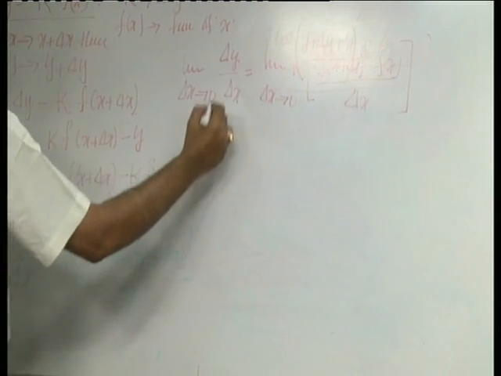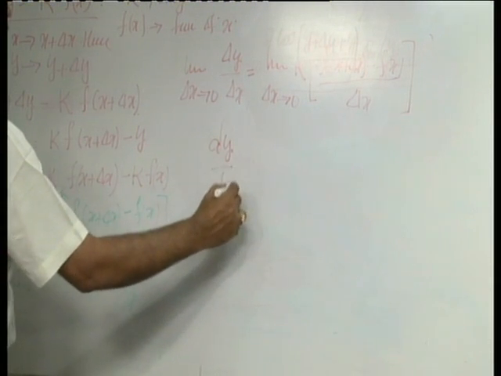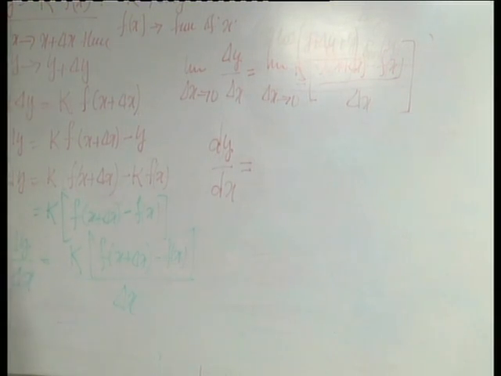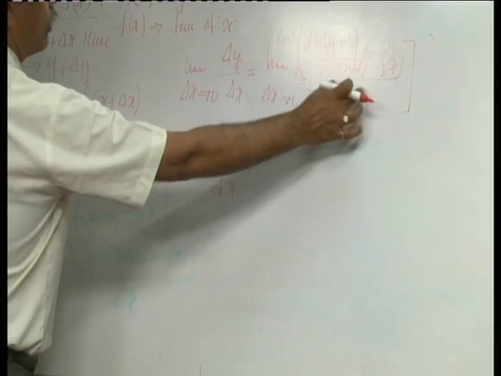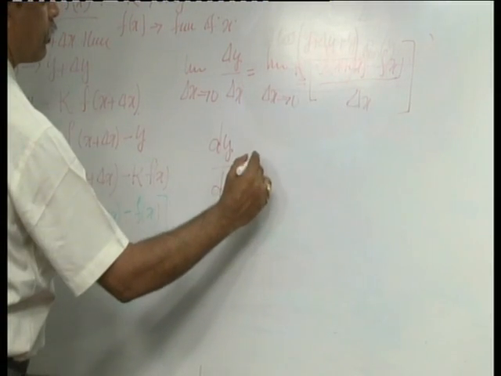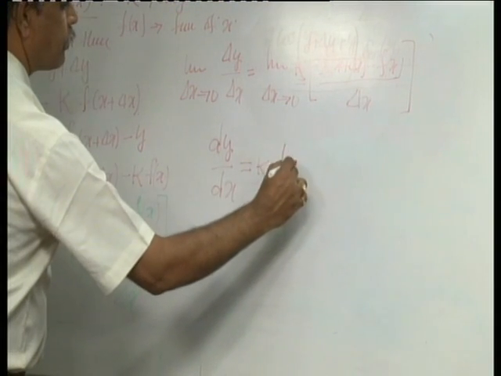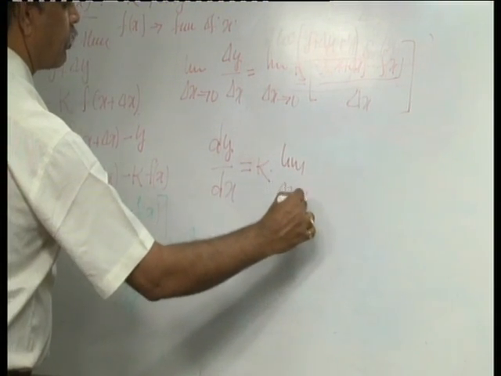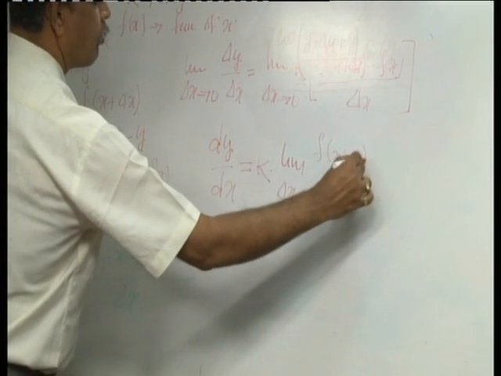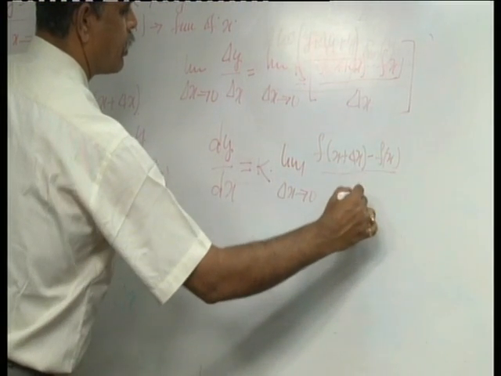This is taken as dy divided by dx is equal to, k is constant according to the property of limit, k into function, the limit is extended for the function and k is kept as it is, that is k into limit of delta x tends to 0, f of x plus delta x minus f of x all divided by delta x.